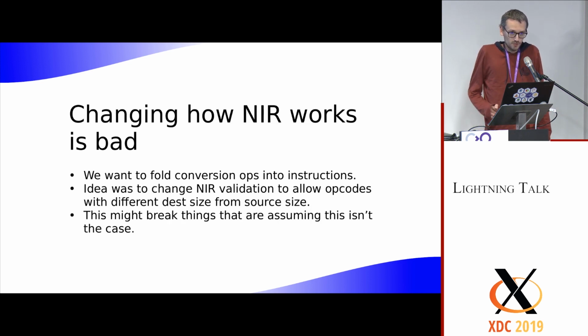There was quite a lot of controversy when we said that we wanted to change NIR so that it could have a different destination size from the source size in an instruction, because we want to fold the conversion operations into the ALU instructions. This is not a nice thing to do, because lots of drivers might be making assumptions that this isn't the case, so changing it at this late stage is not very nice.